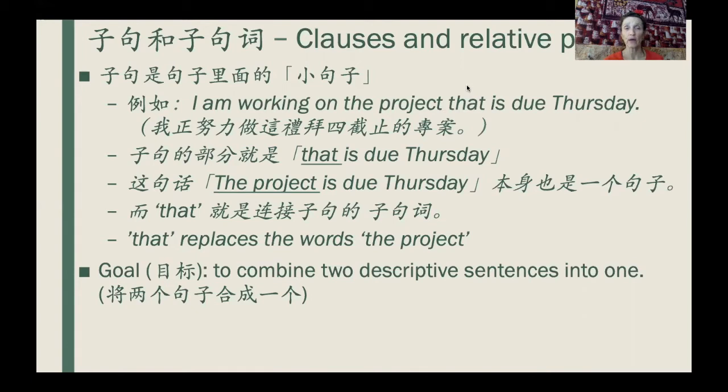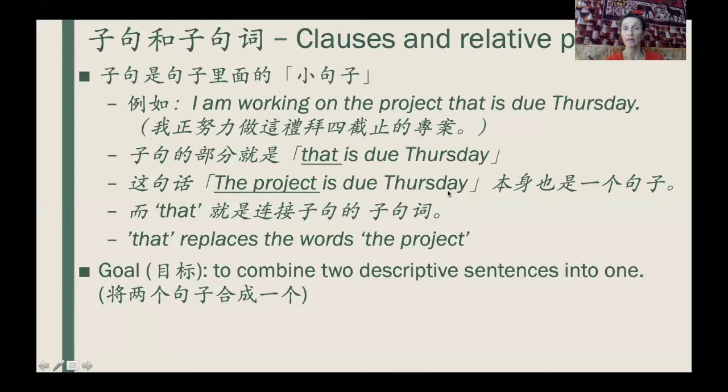Okay, so as you see in Chinese, here's written. I can't say all this, but you can read it. Okay, 子助的部分就是 so that's the small sentence. That is due Thursday. The project is due Thursday.